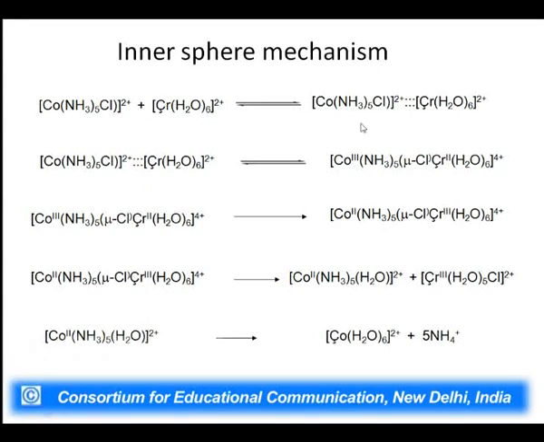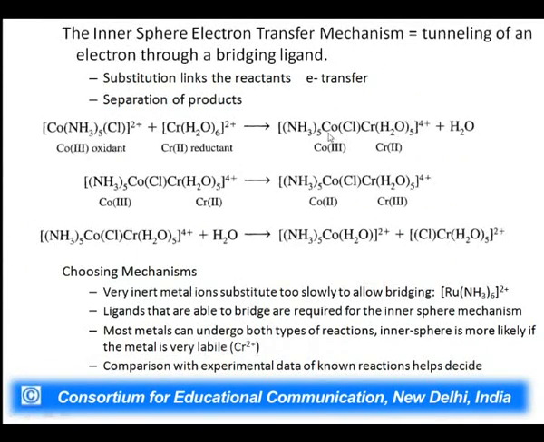In this case, generally one inert and one labile complex is involved, and no ligand is exchanged from the solvent; it is from within the complex. Firstly, the reaction takes place through the bridging ligand, this chloride, which makes a bridge with the other metal. Once the bridge is formed, redox takes place, and electron transfer occurs through this bridge of the chloride ion that is present on this cobalt.